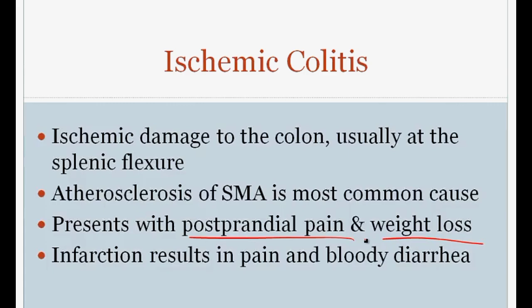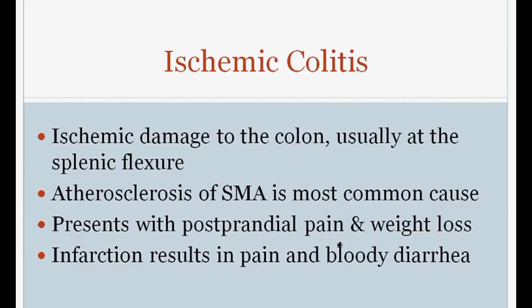If they've got decreased blood flow going to the heart and then they exercise, that's when they get the chest pain. In the same way, if you've got decreased blood flow going to the colon and then the patient exercises or eats, because that's the exercising of the colon, they're going to have postprandial pain. And at the same time, they lose weight because they get this pain, and so they don't eat as much.